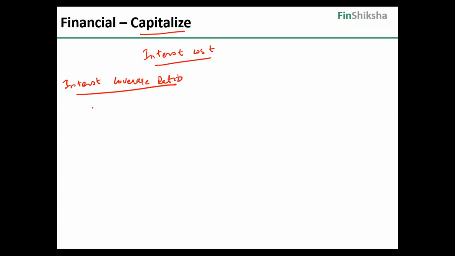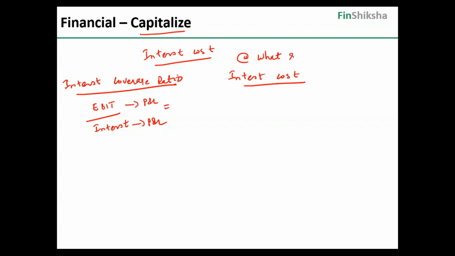The interest coverage ratio is basically EBIT upon interest. It says that through my EBIT, how many times I can cover my interest. This will come from the profit and loss statement, and this will also come from the profit and loss statement. Let's see the impact. Alternatively, if they ask me to calculate the interest cost as well, as in at what average rate I have gotten all the loans.